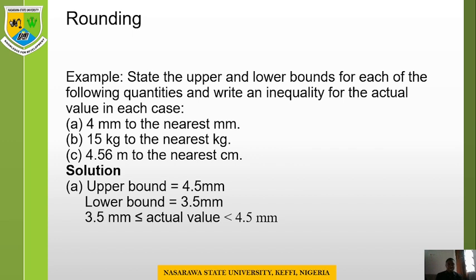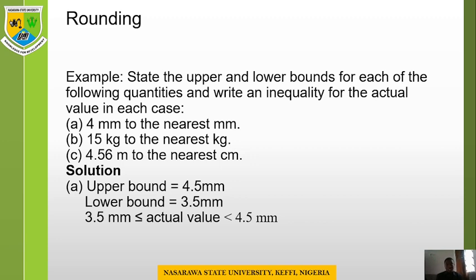There is a range of values where the actual value lies. The maximum value we term the upper bound, and the minimum value we term the lower bound. The upper bound for 4 millimeter is 4.5 millimeter. That is, if you add 0.5 to 4, we shall end up having 4.5 millimeter.